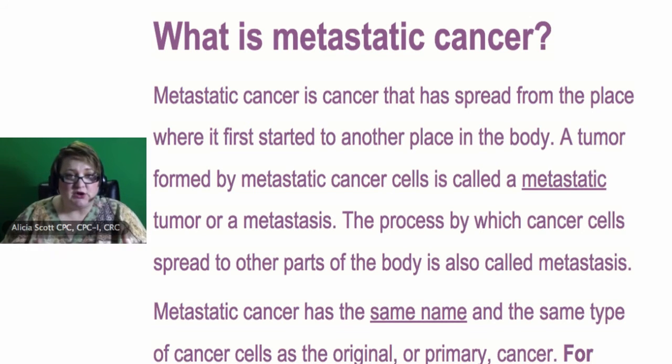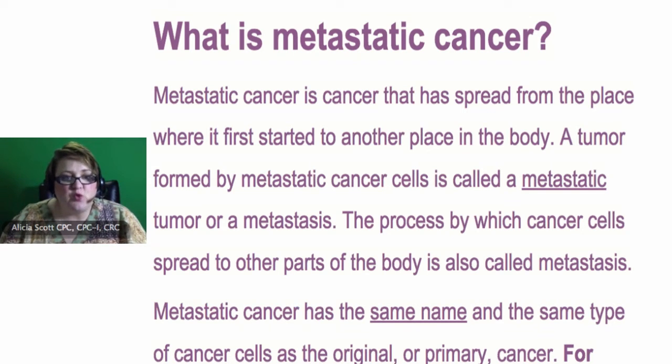So we kind of already know that, something that's easy to remember. But what if they say metastatic? Well, what is metastatic cancer? They go on to tell us that metastatic cancer is a cancer that spreads from one place to another. So metastasis or metastasize, that's easy to remember.